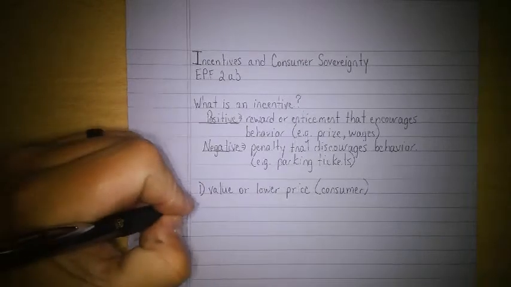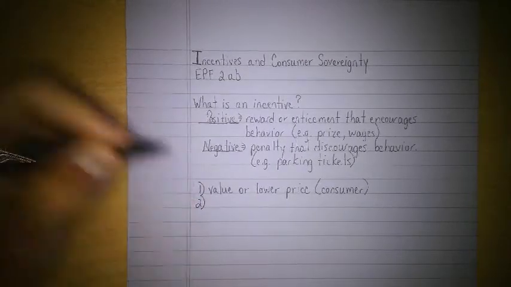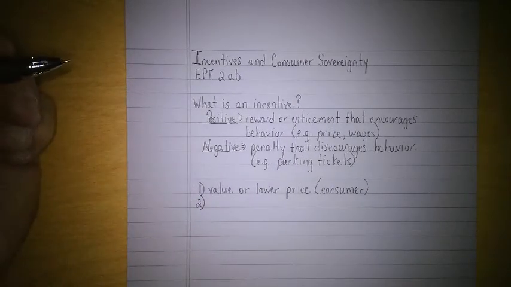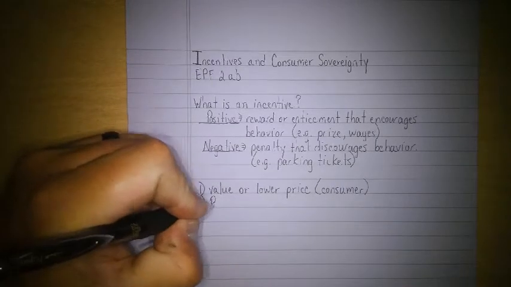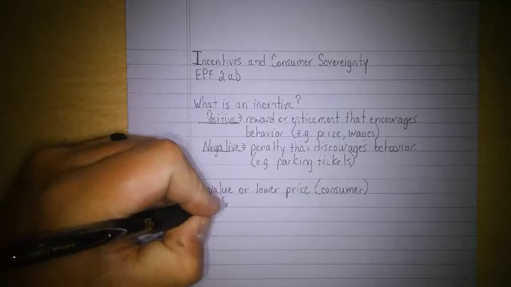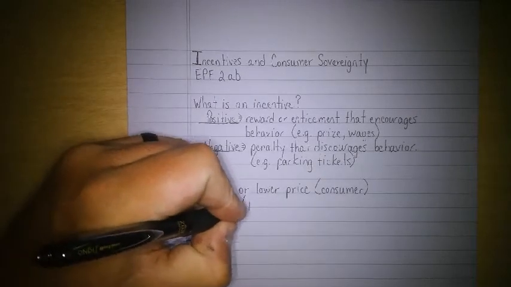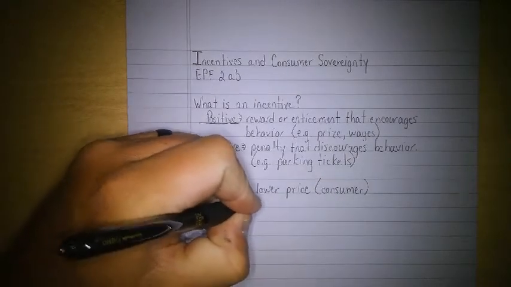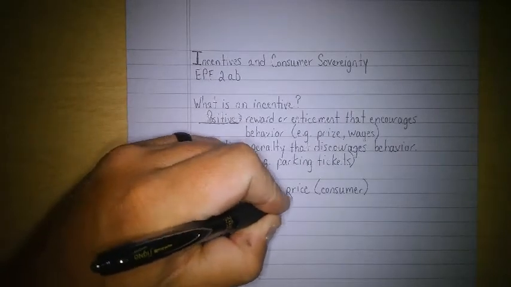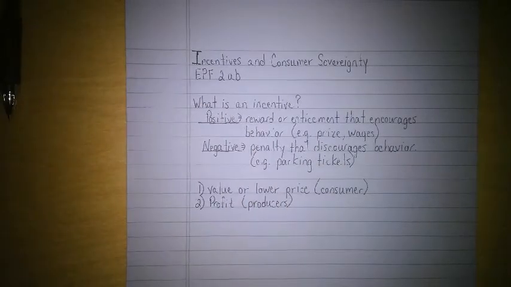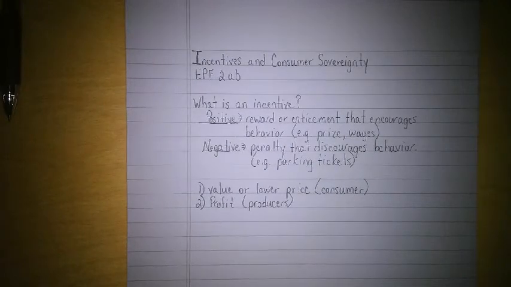All right, the second one up there. How do producers respond to incentives? Very simple. Put down profit. Producers are going to sell things in the hopes of making money, right?